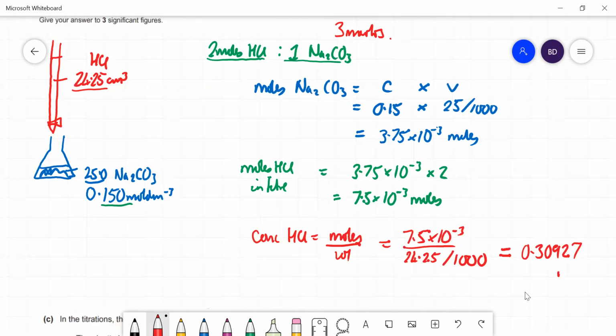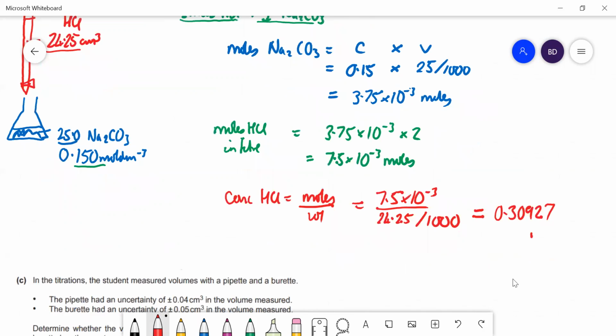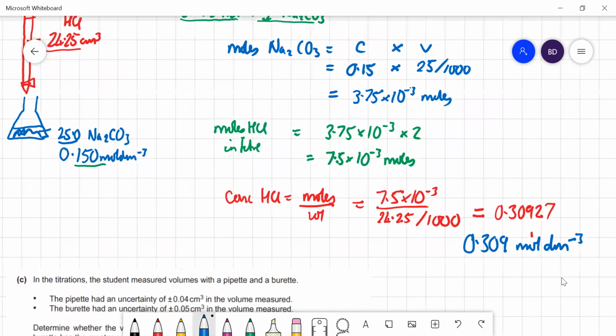So 0.309 mole per decimeter cubed is our final answer. It's a pretty straightforward titration because they're not really asking you to work out water of crystallization or anything. It's just finding out the concentration, so even for AS, a little bit on the easy side.